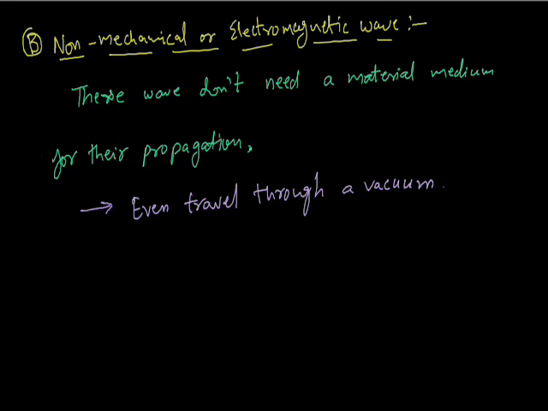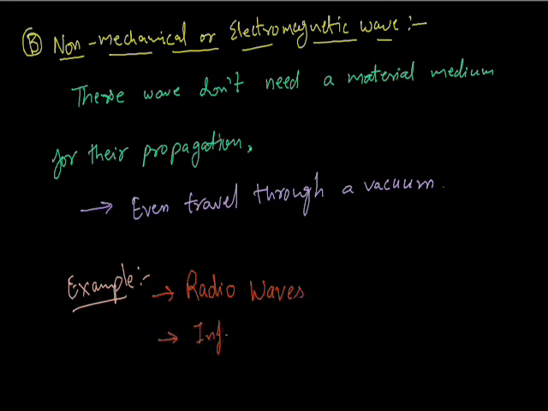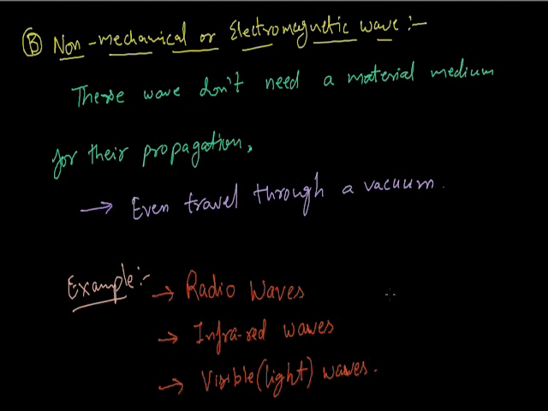Examples of electromagnetic waves: radio waves, infrared waves, and visible light waves. We all know about light, infrared and radio waves. These waves do not require any medium to propagate.